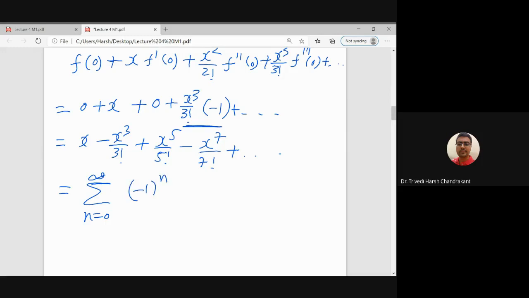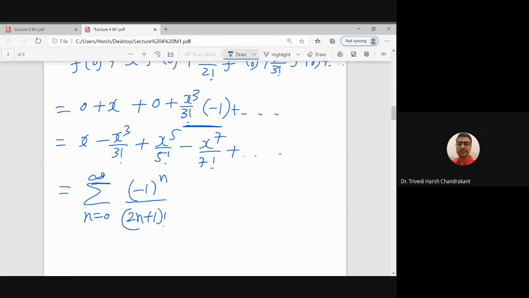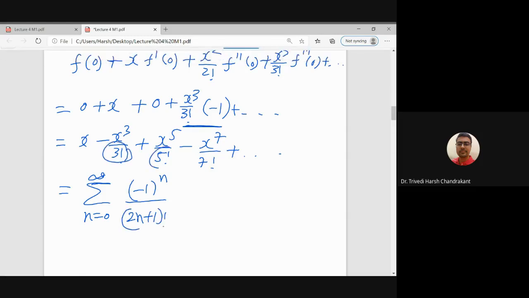Since the sign is alternating, it will be minus 1 raised to n, and all the derivatives coming are odd-numbered derivatives. So it is 2n plus 1 by 2n plus 1 factorial, and the powers of x are also odd, so x power 2n plus 1. So this is the general formula of this series.